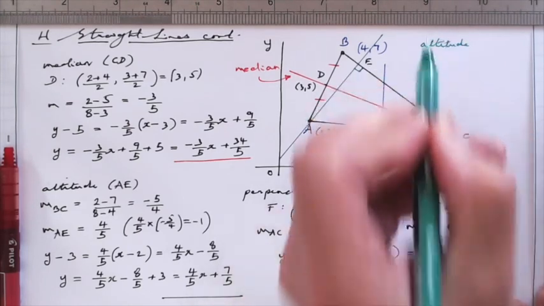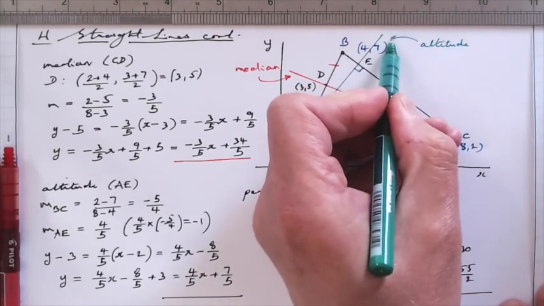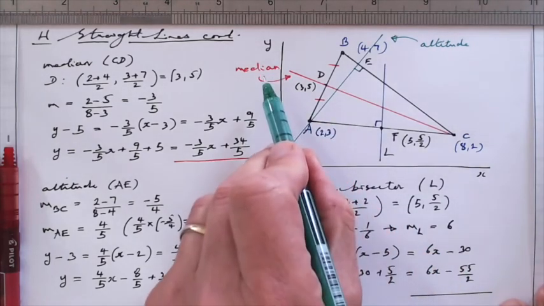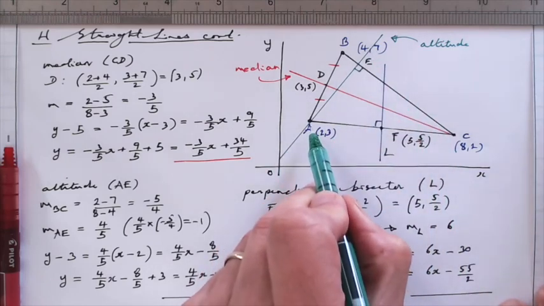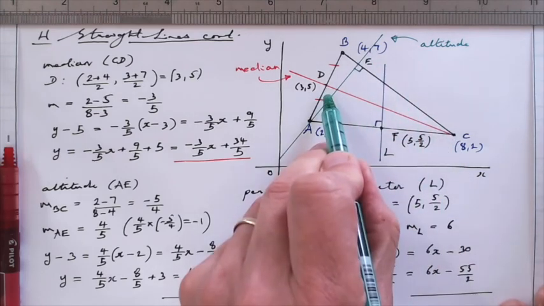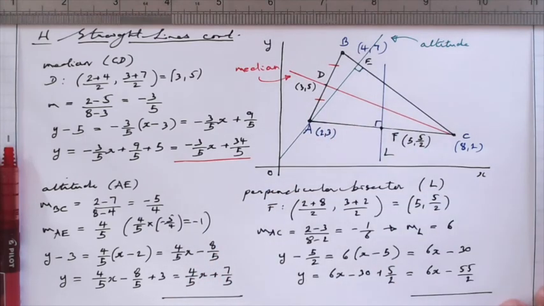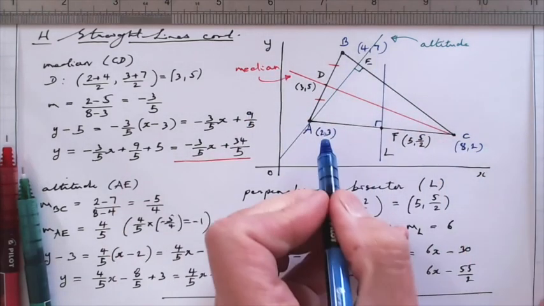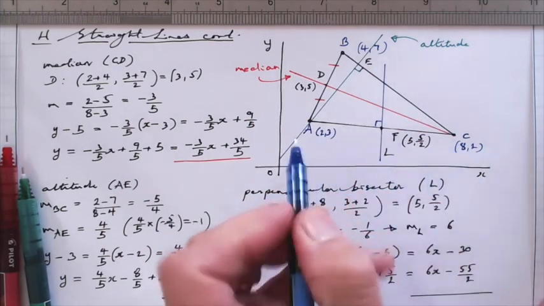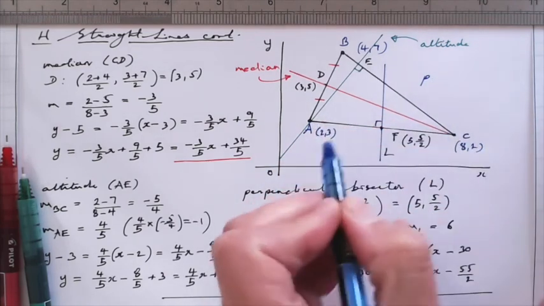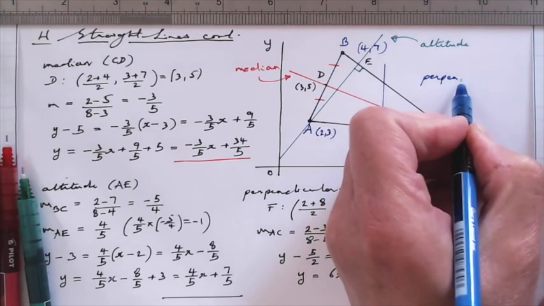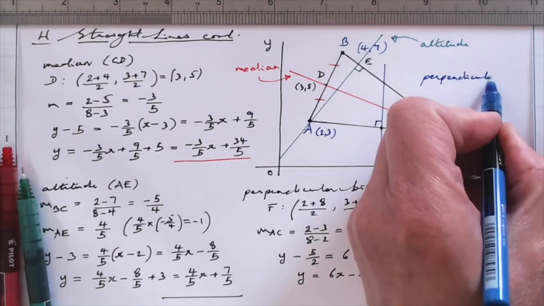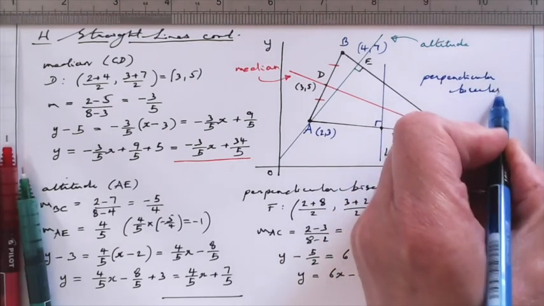And remember, the medians and the altitudes are defined for particular vertices, so we calculated the median through vertex C and we calculated the altitude through vertex A. The median bisects the opposing line, the altitude meets the opposing line at a right angle, and the final thing we calculated for one of the lines was its perpendicular bisector. I should say one of the sides of the triangle, to be a bit more precise, was its perpendicular bisector.